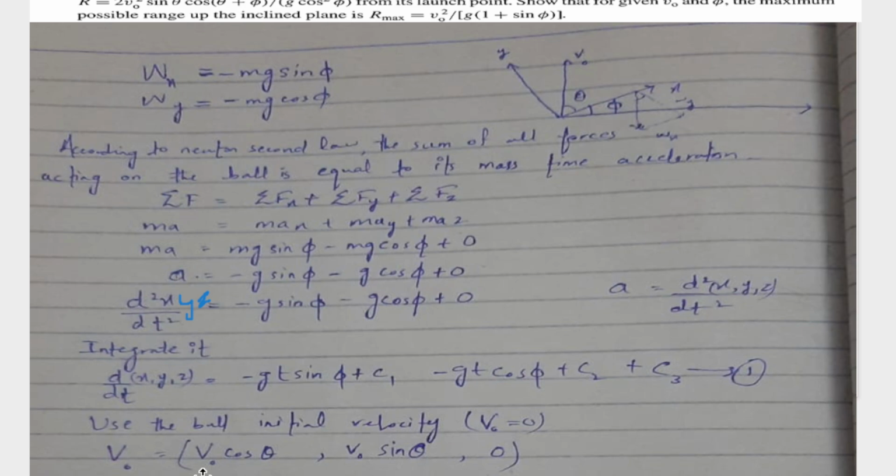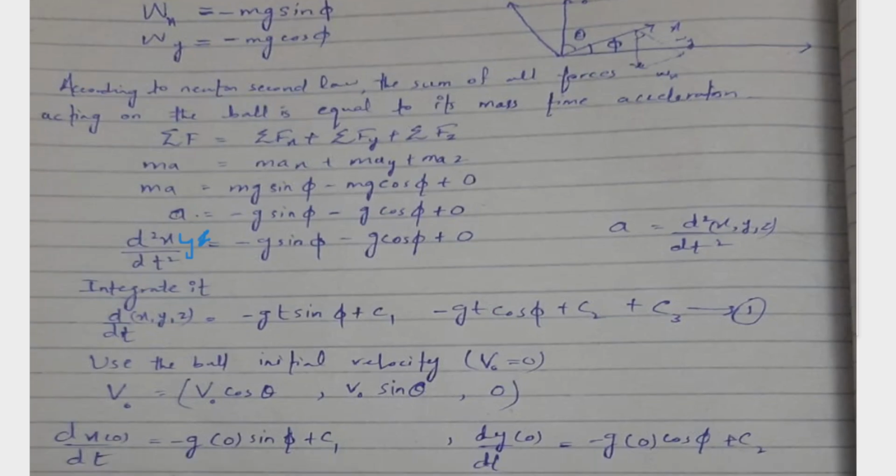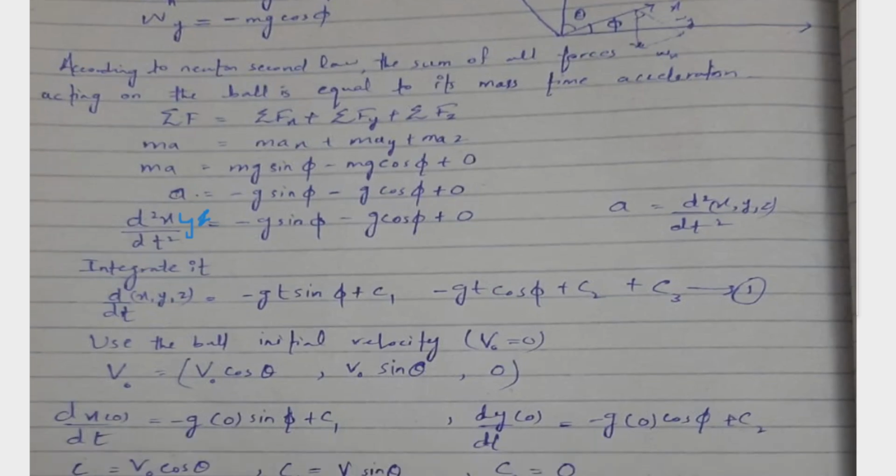Now equation 1 becomes, after putting these values, c1 equals v0 cos theta, c2 equals v0 sin theta, and c3 is obviously 0. So after putting these values we will get these equations.